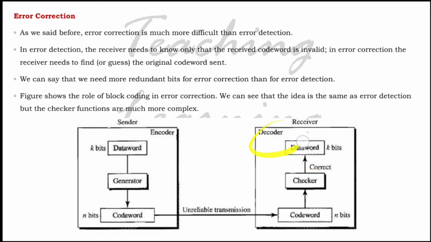On the receiver side there is a decoder, and the n-bit code word is received, and there is a checker function. The checker function will check whether it is correct or not, and it will provide the data word. This is happening in the error correction part.